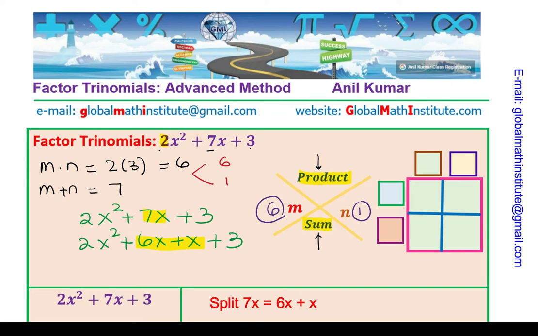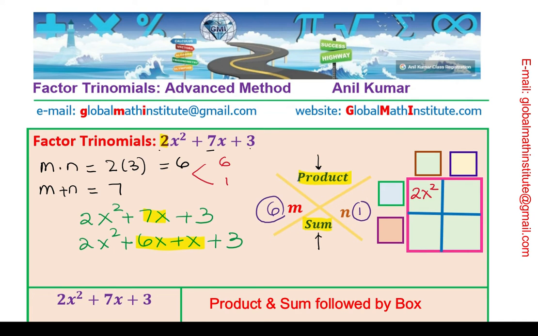Now once you do that, now you can also make your box. So in the box, first term is 2x squared, which is the leading term, right? So that is the first term. And then we have the constant 3, which directly goes from the equation, right?